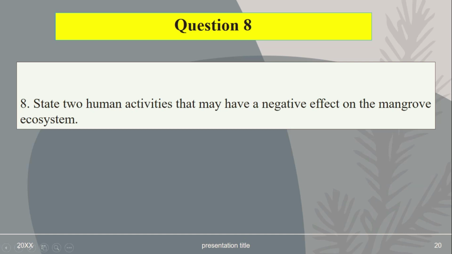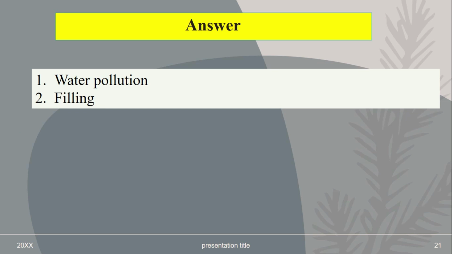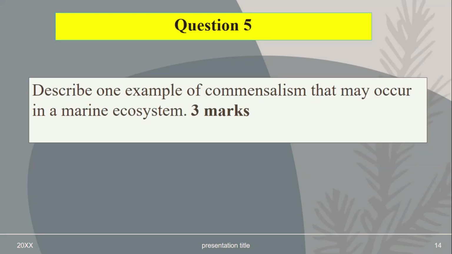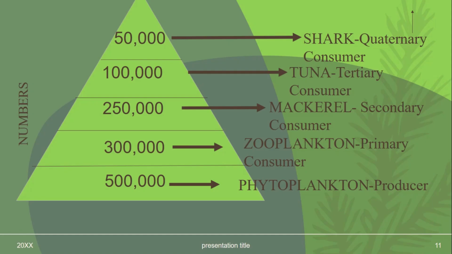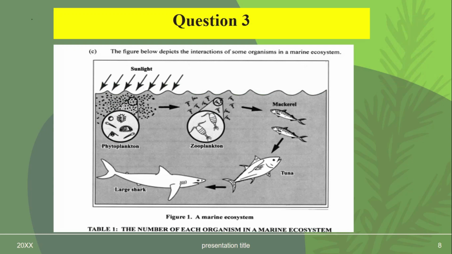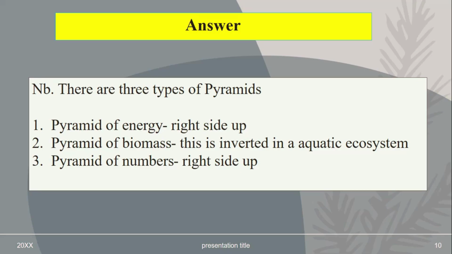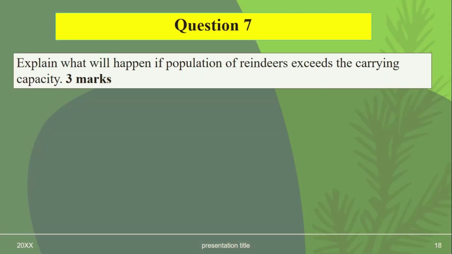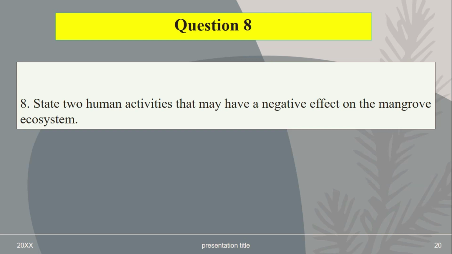All right, question 8. It says, state two human activities that may have a negative effect on the mangrove ecosystem. The mangrove ecosystem, that's where you have more like a swamp.